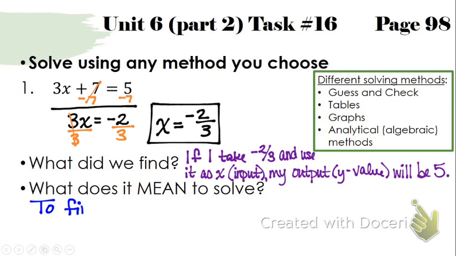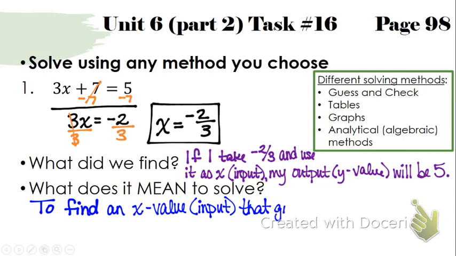To find an x value or an input that gives me the desired output or y value.